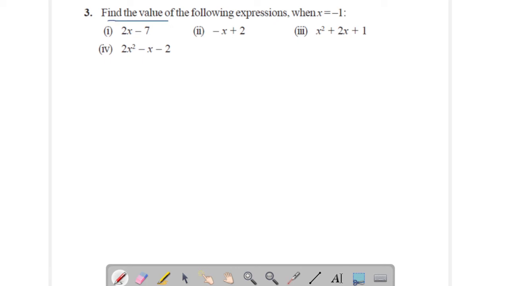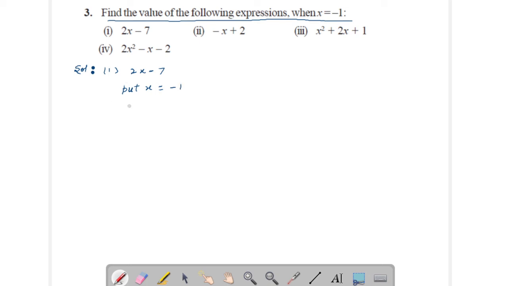Now come to question number 3. Find the value of following expressions when x is equal to minus 1. See the solution. First part, 2x minus 7. Here put x is equal to minus 1.